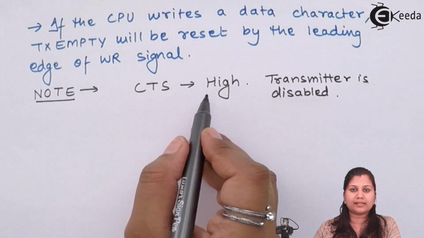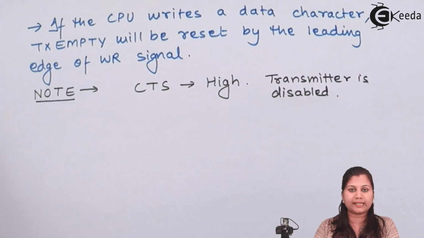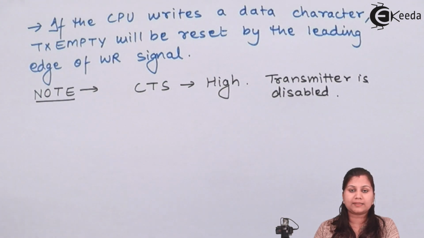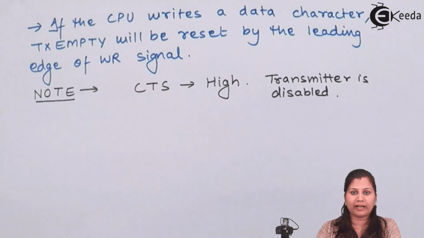Now when this transmitter disabled command is given, if any data character has already been written into the transmitter before that, then that data byte will be sent out to the peripheral devices.